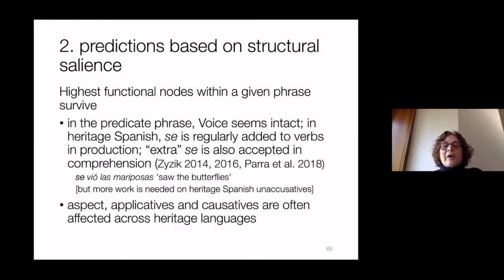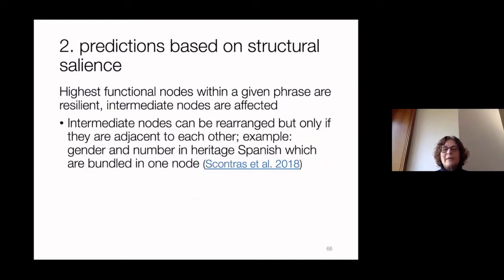In heritage Spanish, se is regularly added to verbs in production, and this extra se is also accepted in comprehension. But we don't quite have all the results for that one, so I would probably wait in terms of the judgment on that. At the same time, you see that aspect, applicatives and causatives are often affected across heritage languages.